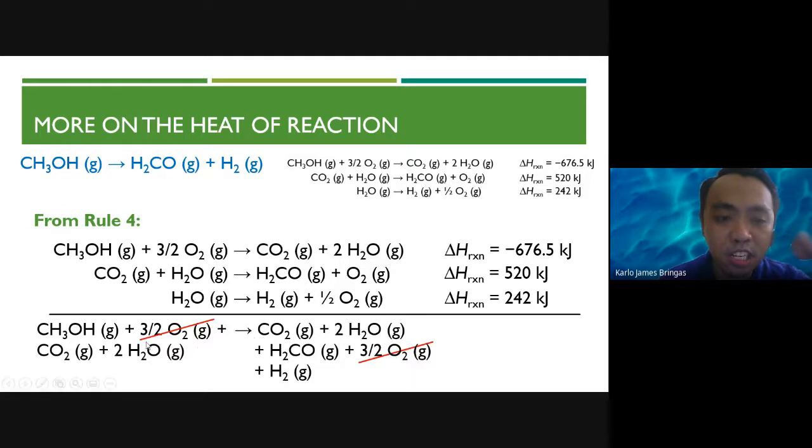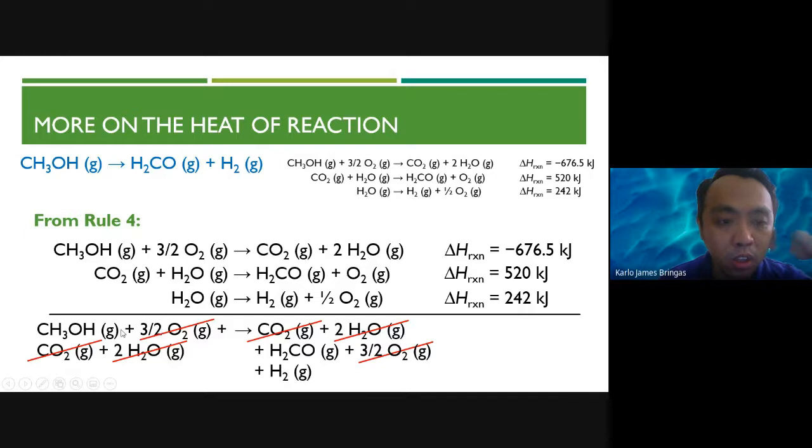So the oxygens are gonna be the first that we cancel out. May 3 halves ka sa left side ng arrow. Sa right side ng arrow, meron ka ring 3 halves na oxygen. So that will cancel out. Same rin with the water as well. And finally, our carbon dioxide gas will also just actually cancel out as well, since CO2 is found on the left side and also on the right side.